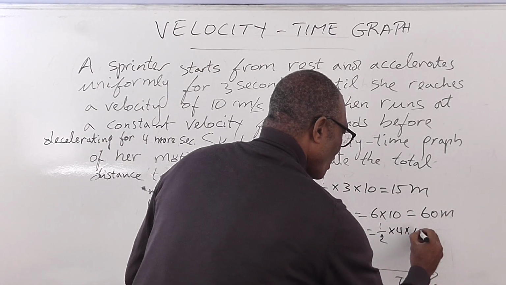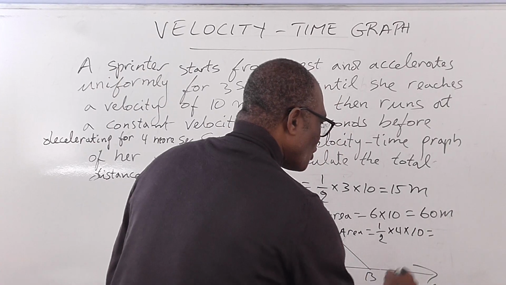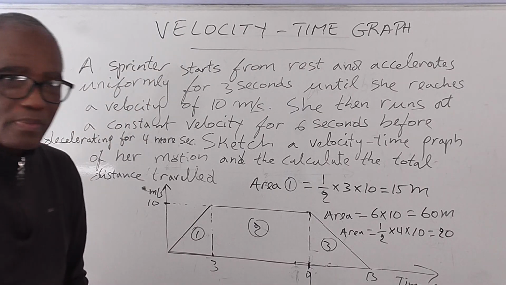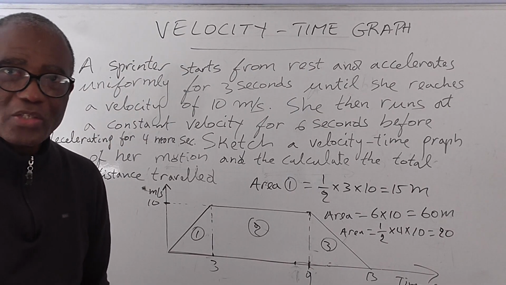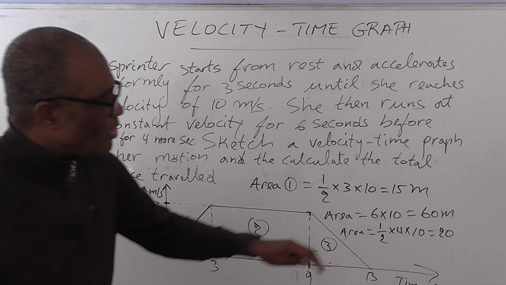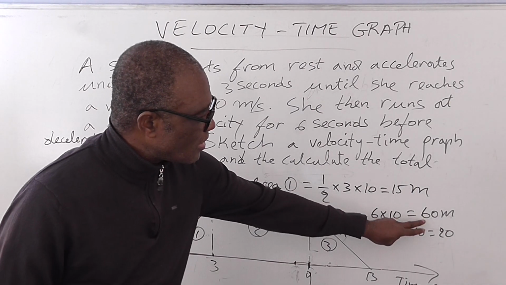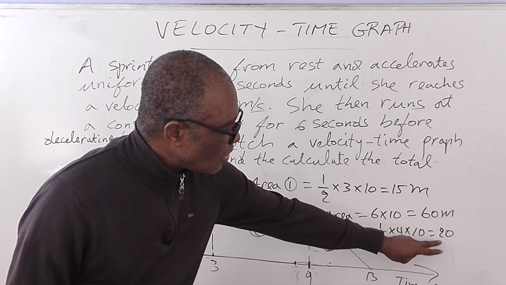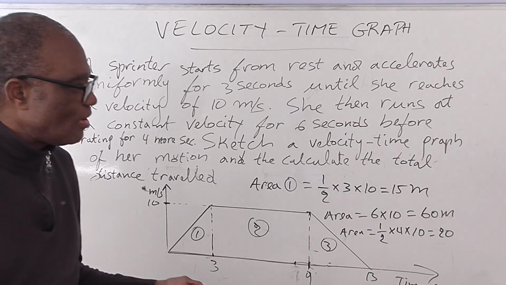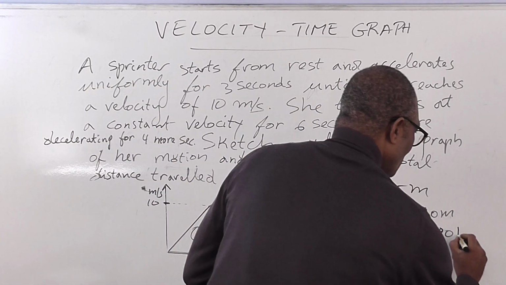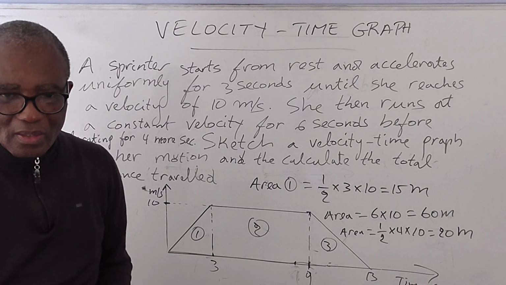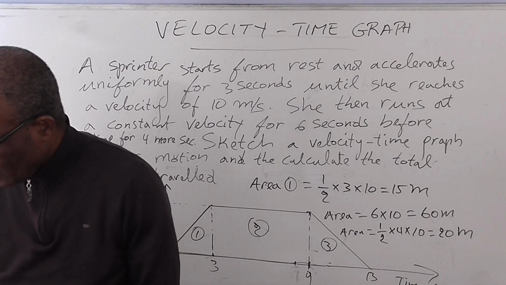So if we multiply, we get what? 20. Now the total distance traveled will be 15 plus 60 plus 20. That makes what? 95 meters. Okay? 95 meters.